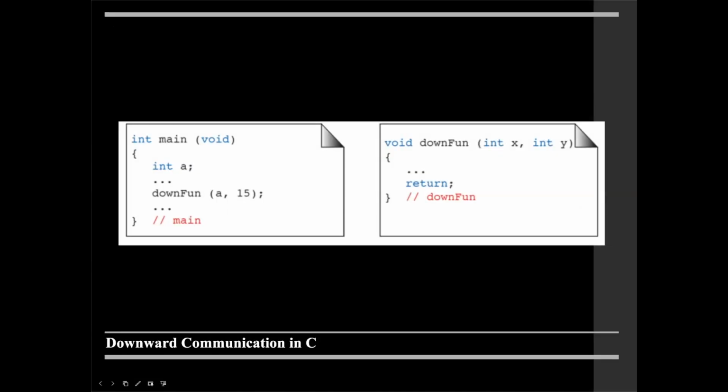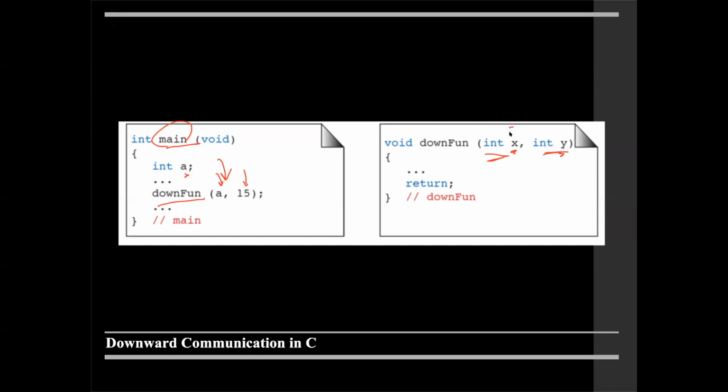This is an example where we have two functions, where one function calls another. In this case, the upstream one is main. Main calls down fun. This is passing in basically two integers, and you can see these are values that are received by the downstream function. So when you pass a into this function, or 15 into this function, there is a local copy of that x and y.